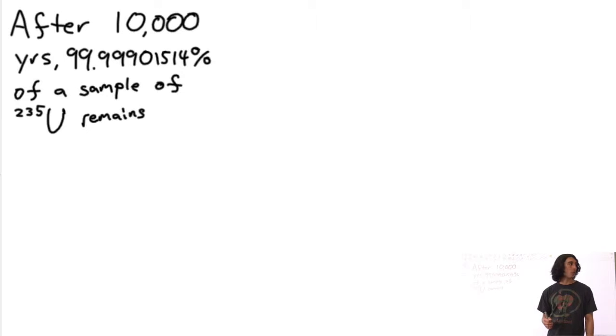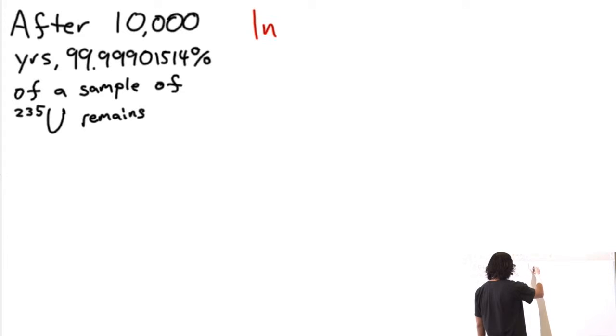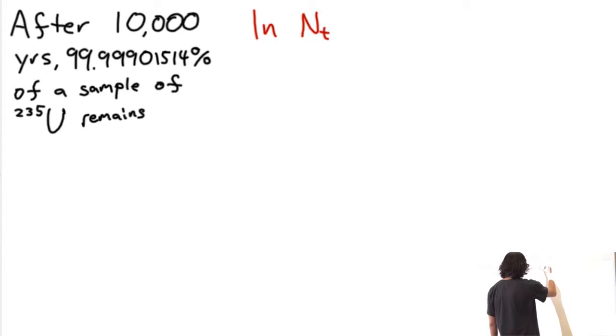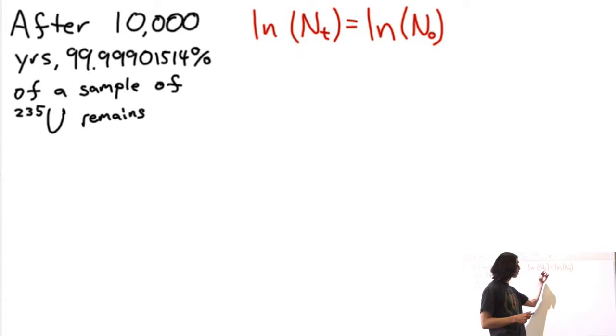So we can use our first-order reaction equations, and that says that the natural log of n at time t is equal to the natural log of initial n, where n is the number of particles.